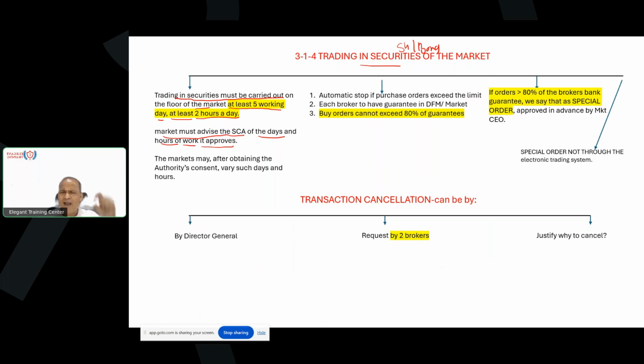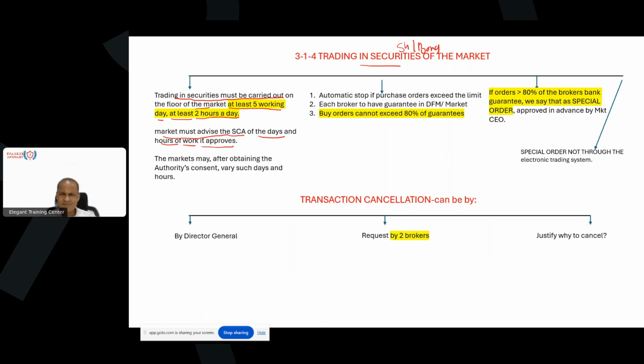Market will advise SCA, means intimate that we are going to have this working time during summer, right? During Eid time, this is our working time, right? It says market must advise SCA of the days and hours of the work it approves, means the market is approving. Market is just intimating to SCA. SCA not approving the timing of the market, because market knows what is better.